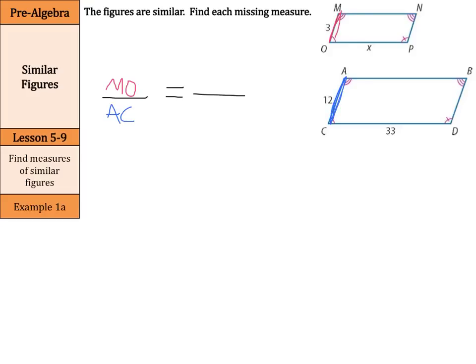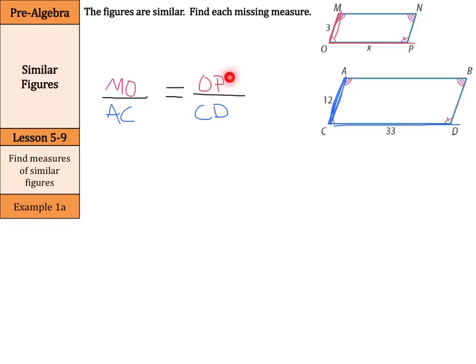And we're going to set that equal to the other ratio, OP on top, and then CD on the bottom. Notice, as I set up this proportion, I started with MO, and on the bottom, the matching side, AC.